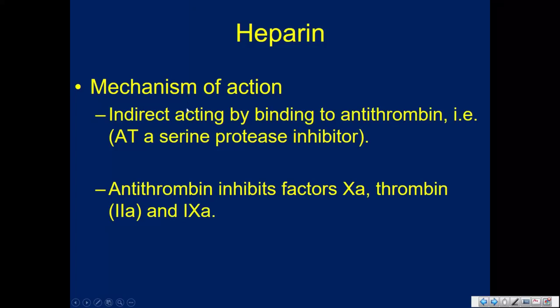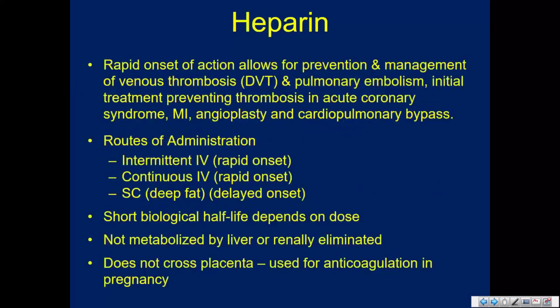How does heparin work? Again, it's indirect acting by binding to antithrombin. Antithrombin, in turn, inhibits 10A, 2A, and 9A. So that's its mechanism of action. Heparin is most often used in a hospital setting.